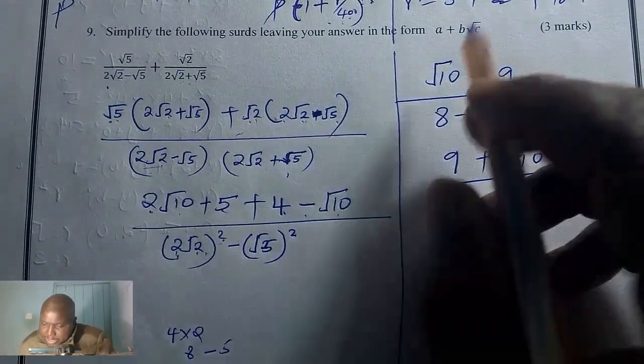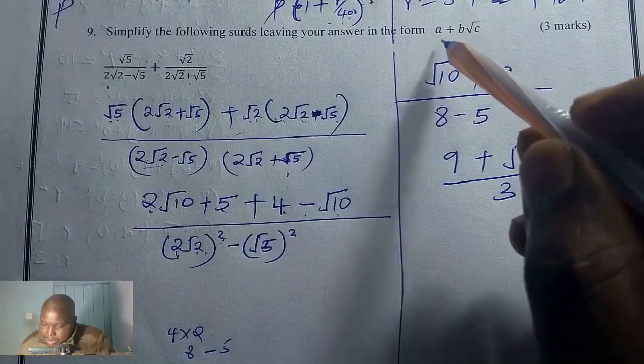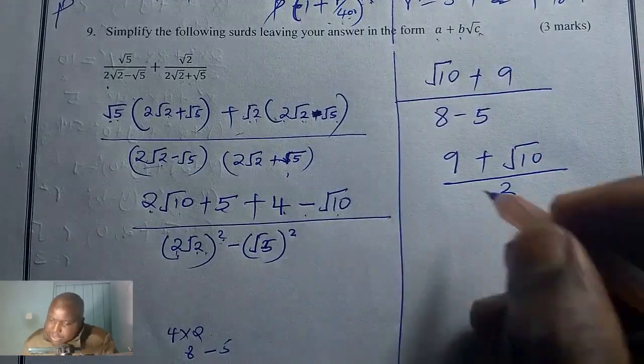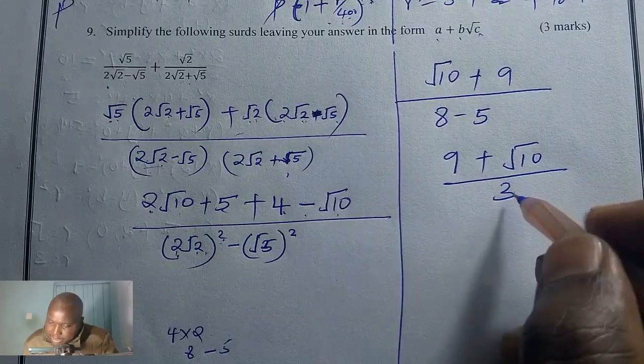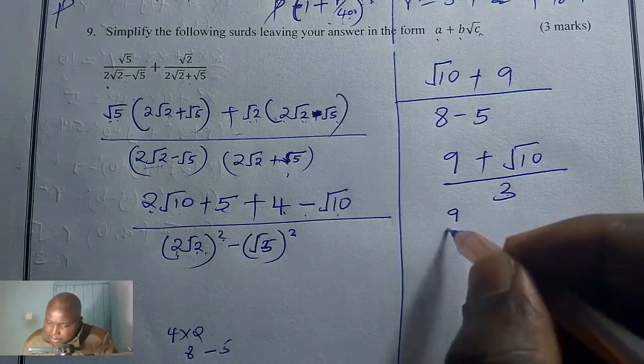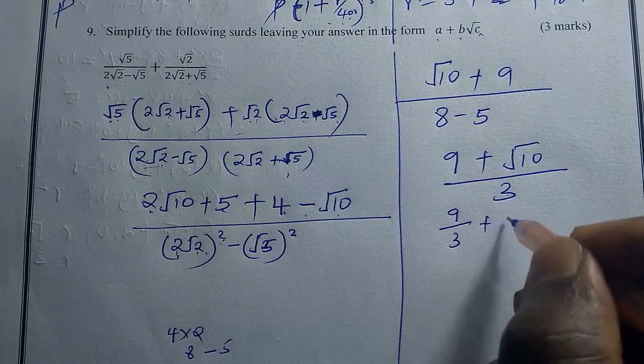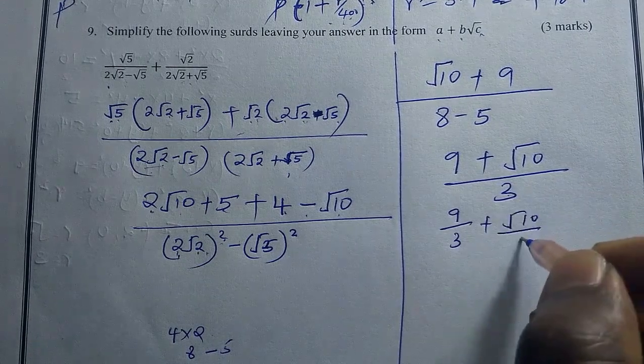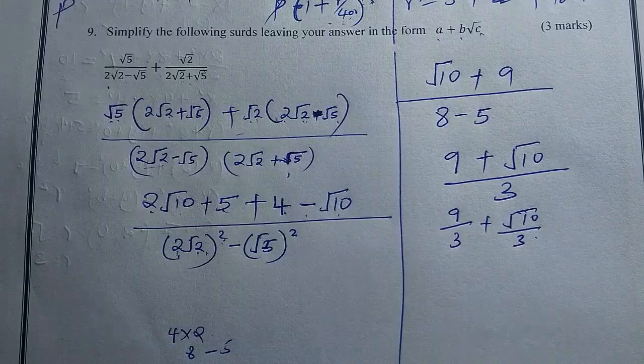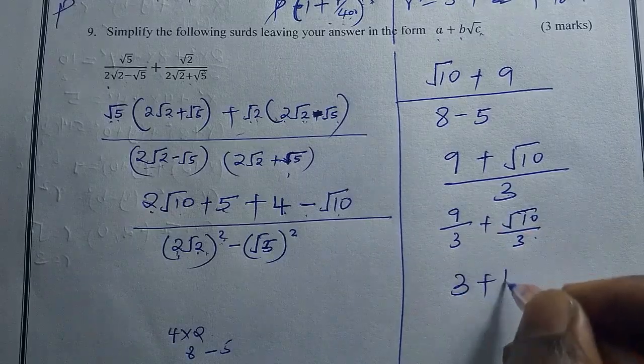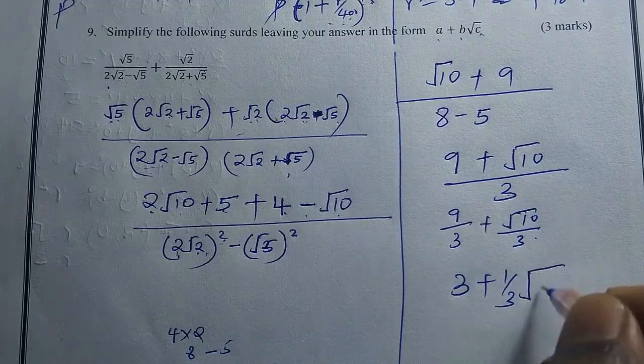Since we were told to leave it in the form of a plus b, this one, then you can divide individually. This 3, this is like 9 over 3 plus root 10 over 3. This is 3 plus 1 over 3 root 10.